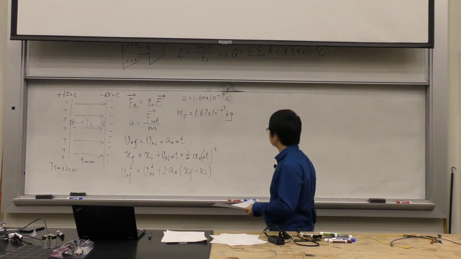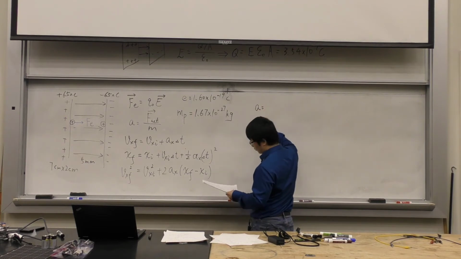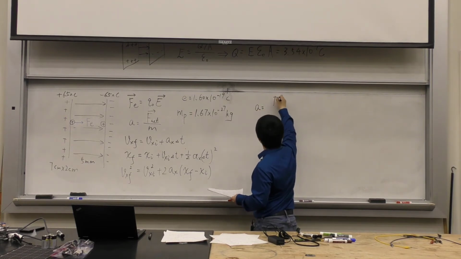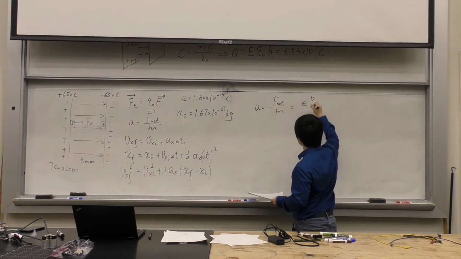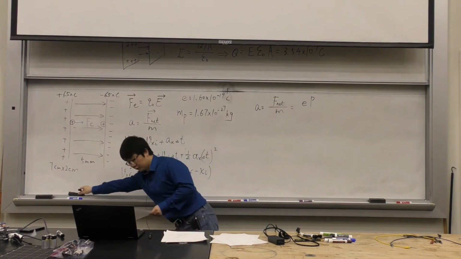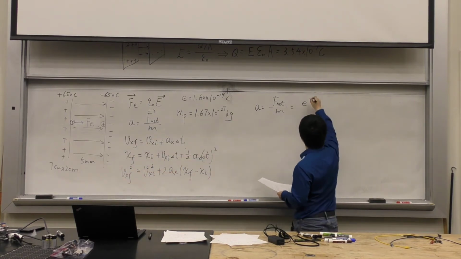All right, so let's see the numbers I got. You're going to do the net force. In this case, it's just the electric force, which is going to be charge times the electric field. The electric field is not given, so you're going to find the electric field.